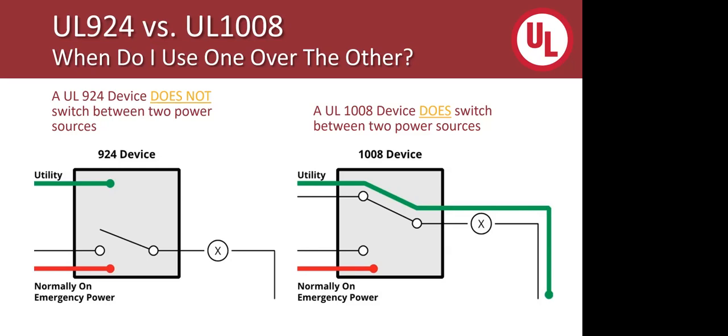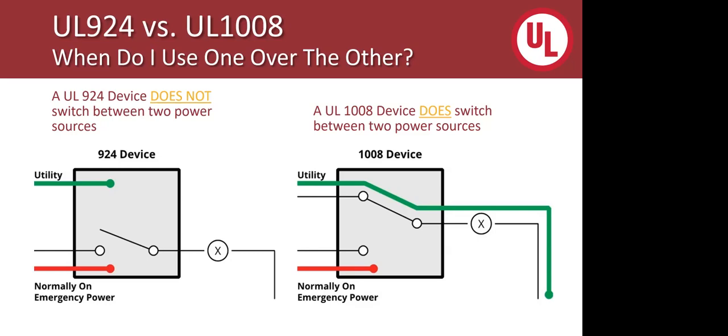In a 924 device, you are never switching between utility and normal power. You are always connecting emergency power to an emergency fixture. Now, that doesn't mean that the fixture can't be on when there's normal power active. What it means is that it's always sourcing its power from the emergency power provider.